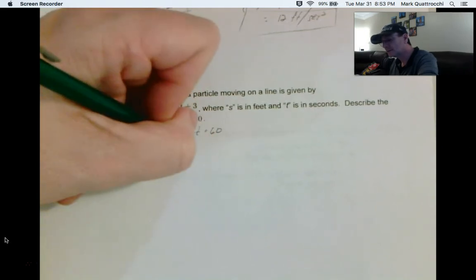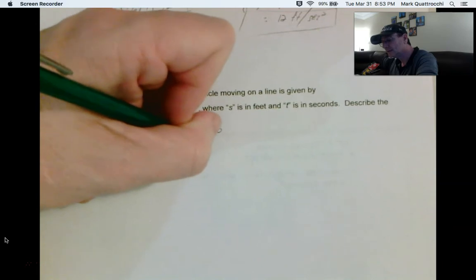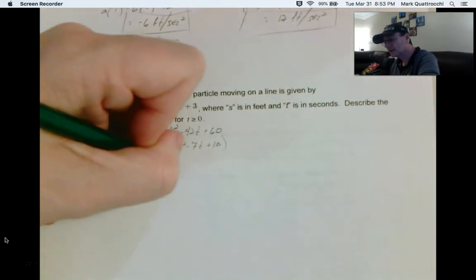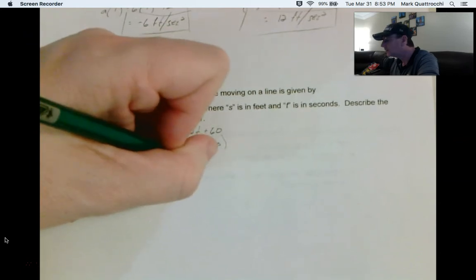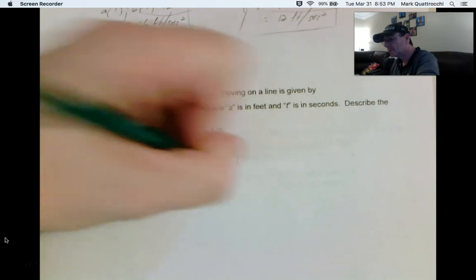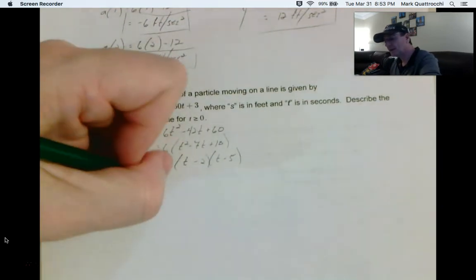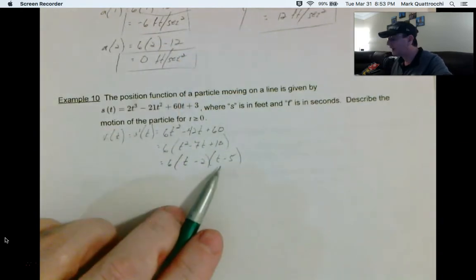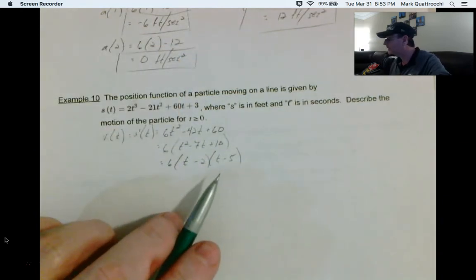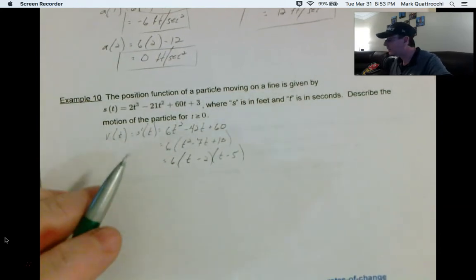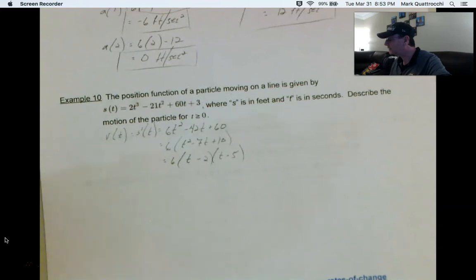Factor out a 6, we get t squared minus 7t plus 10. And this factors again, 6 times t minus 2 times t minus 5. So we have critical values happening at 2 and at 5. And what's happening before 2 and after 2, before 5 and after 5.